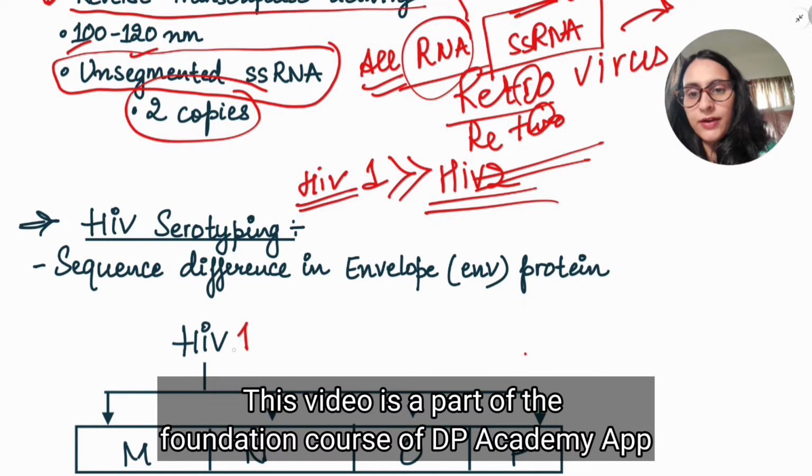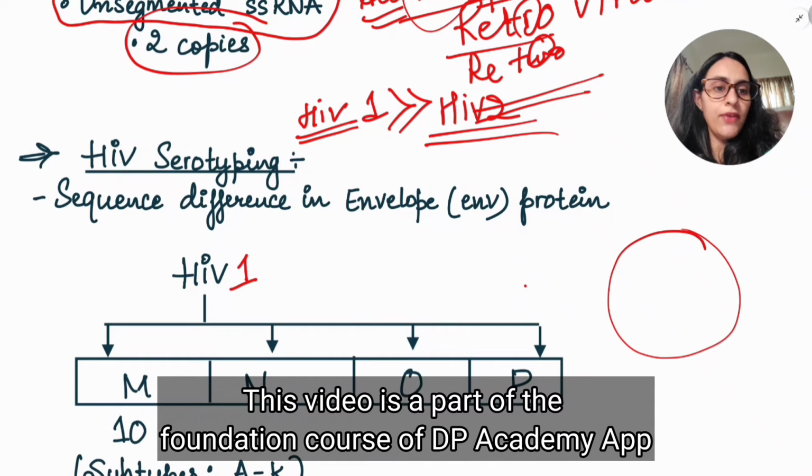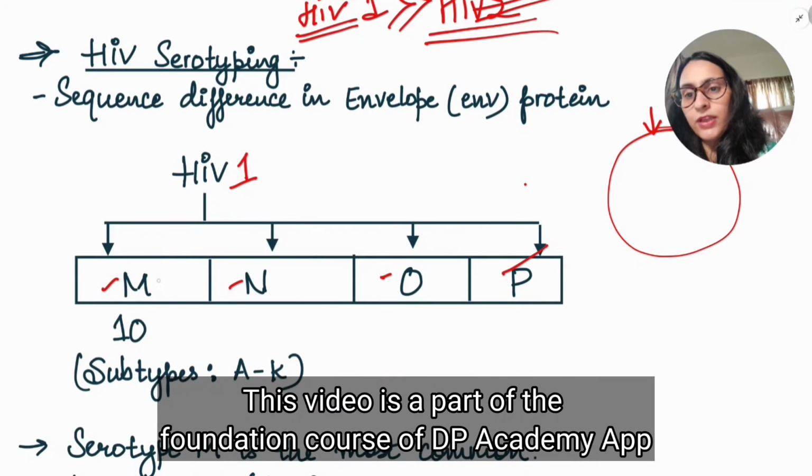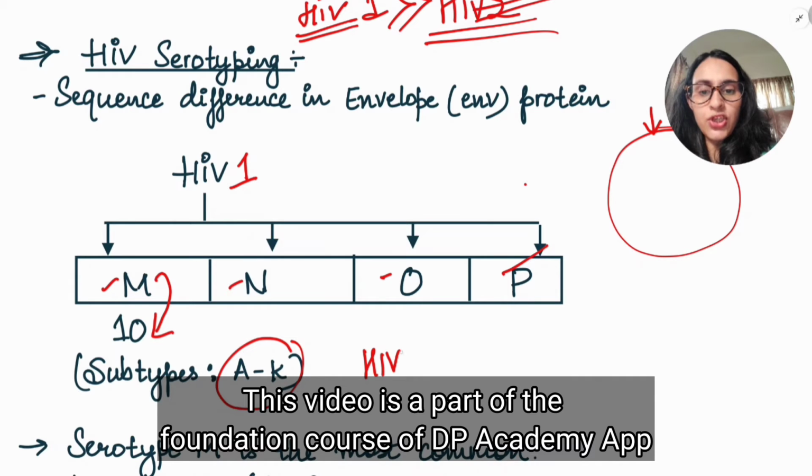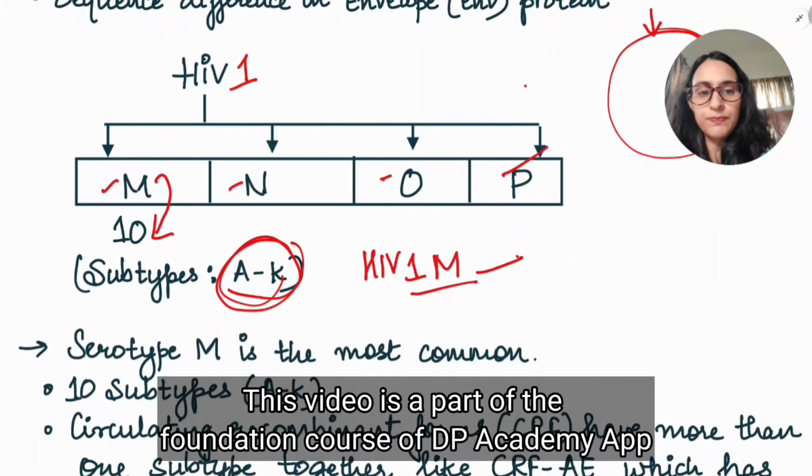So HIV-1, based on the envelope protein. You remember on the envelope we have the protein, and based on this envelope protein in HIV-1, it can vary into M, N, O and P types. And then in the M type we have further 10 serotypes from A to K. So it will be HIV-1, then we have M, and then again A to K, 10 serotypes.